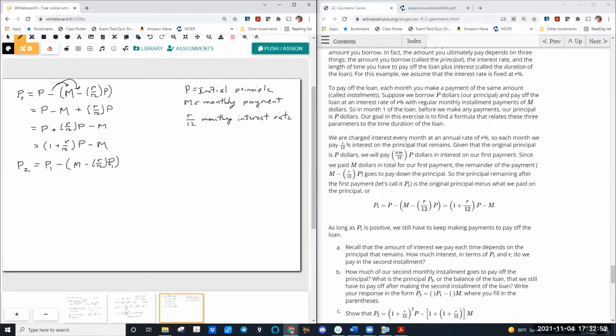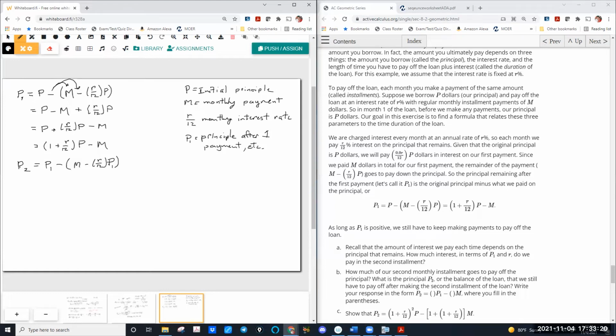That's what P1 is. P1 is the principal after 1 payment. Because our principal's going down, right? We made a payment. Some of that went towards principal. So that's going down, and that's going to keep going, for P2, P3, and so on and so forth.